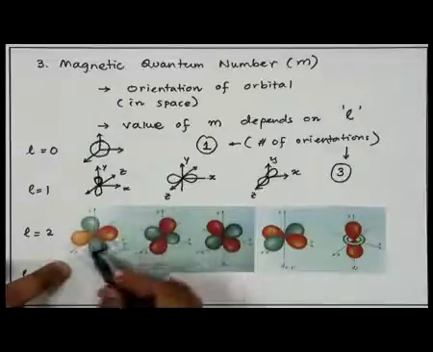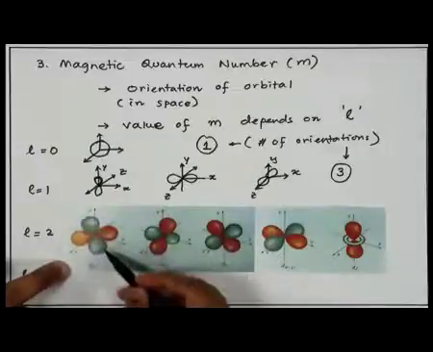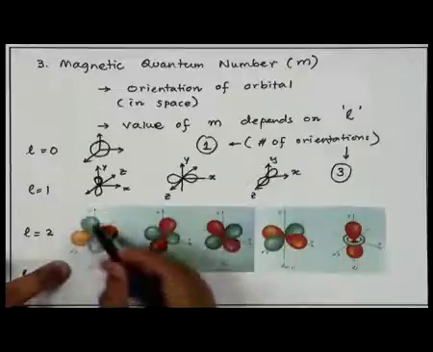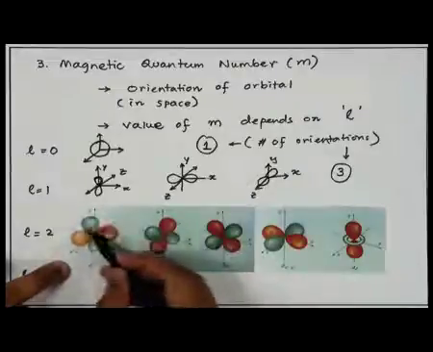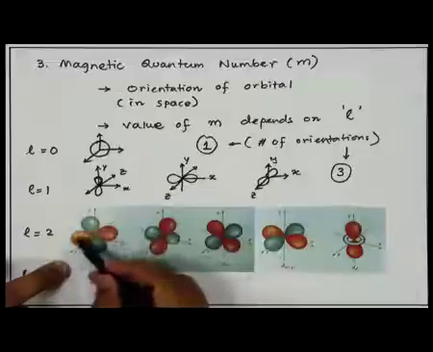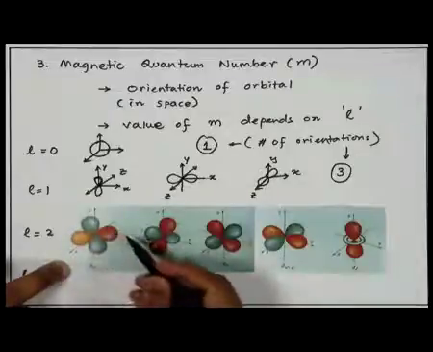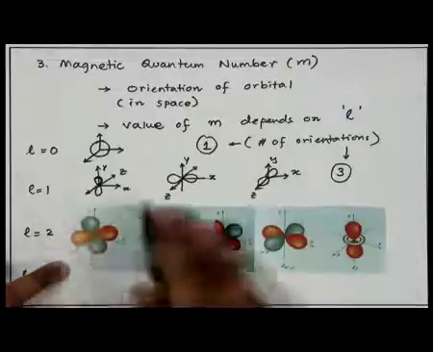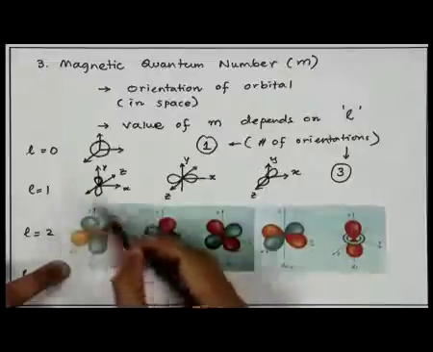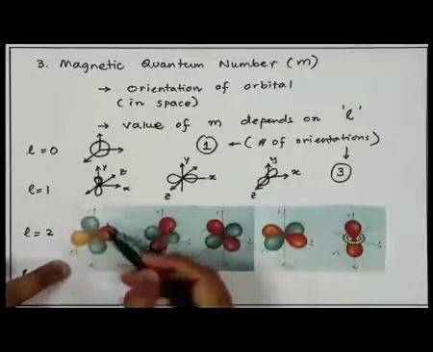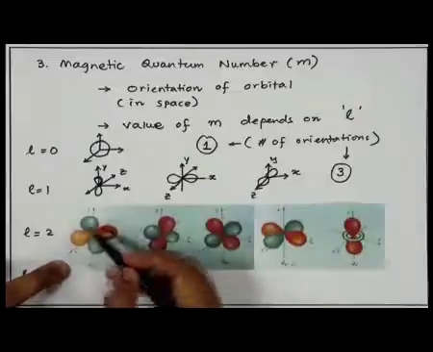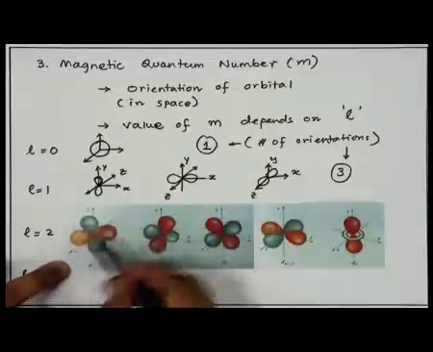You see in this picture the two dumbbells. This is one dumbbell in silver color, another in orange color. Both the dumbbells are on the xy plane. Here z is coming out of the plane of paper, and these dumbbells are on the xy plane.